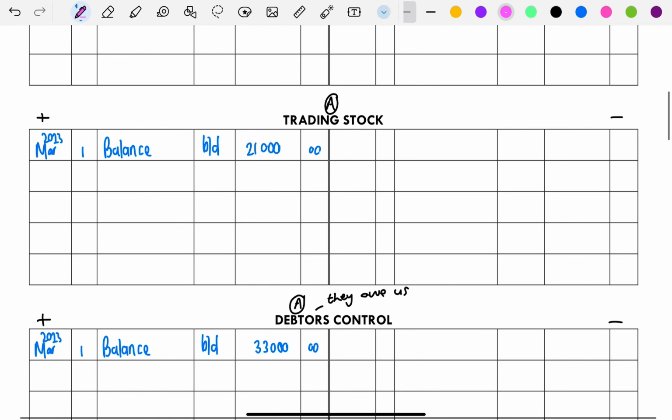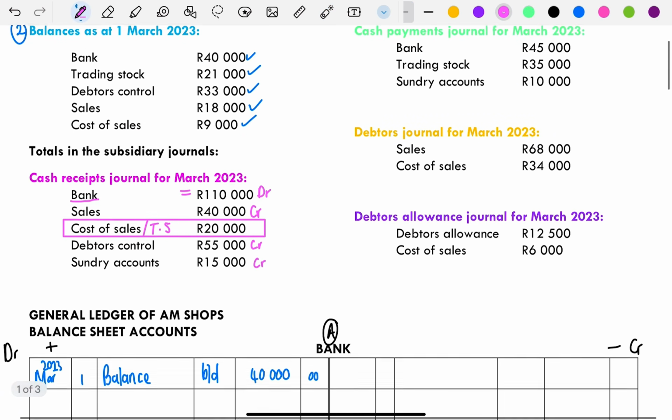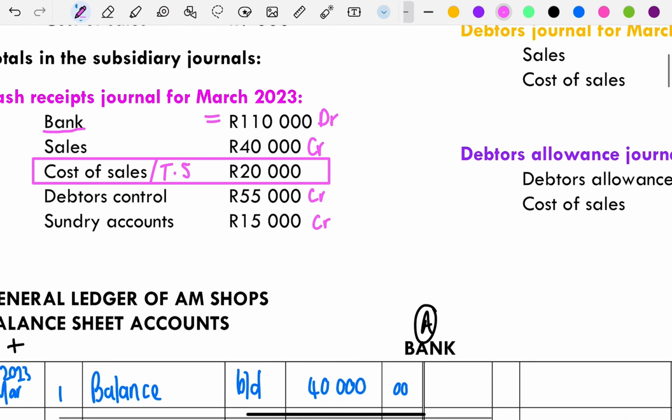Now, what's really important is thinking logically about this. If I'm selling, my trading stock will decrease, which means my trading stock account will be credit, and my cost of sales will then have to be debit.